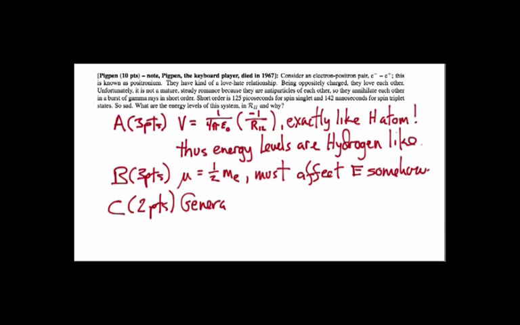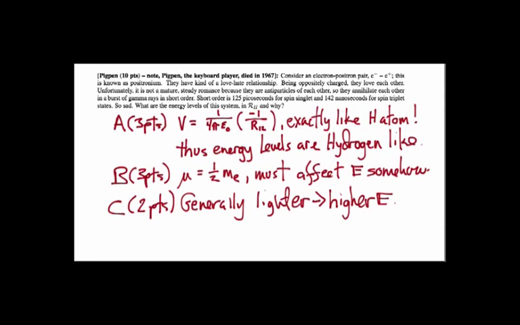Now, which way? Well, in general, if I have a lighter system, the energy goes up. So the energy levels, think way back to the particle in the box. The smaller the mass, the higher the energy. And so in general, we expect the energy levels to be higher, meaning the system is going to be less stable.